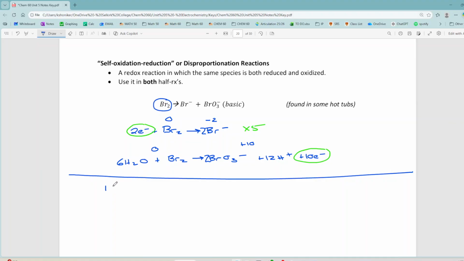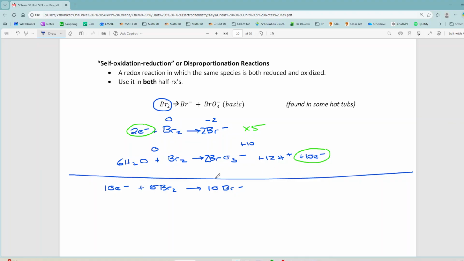That is going to give me 10 electrons plus 5 Br2 is going to give off 10 Br minus. And then I'm going to rewrite my whole second equation.